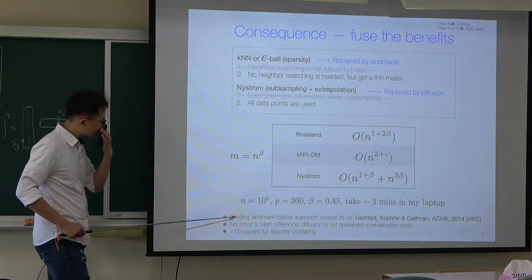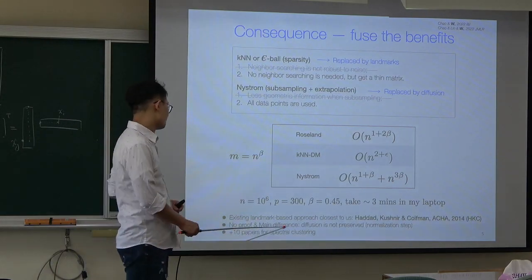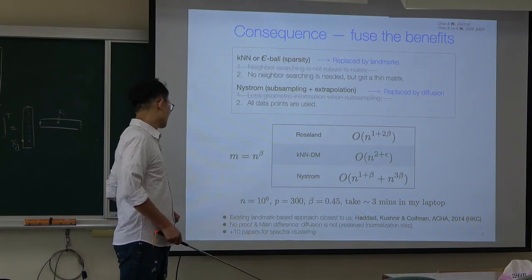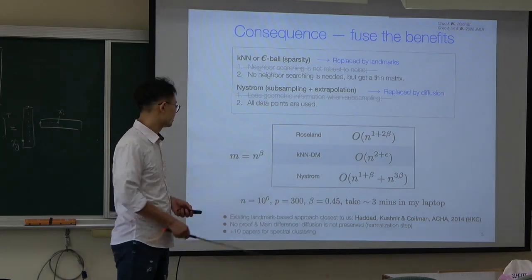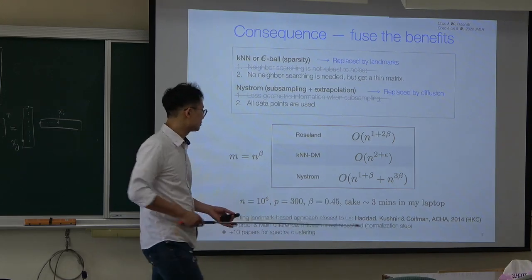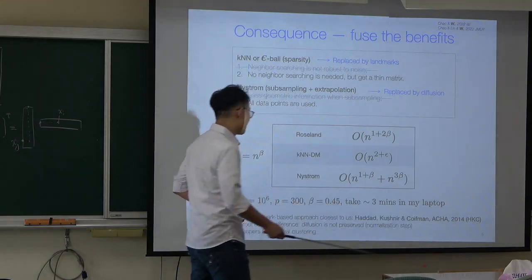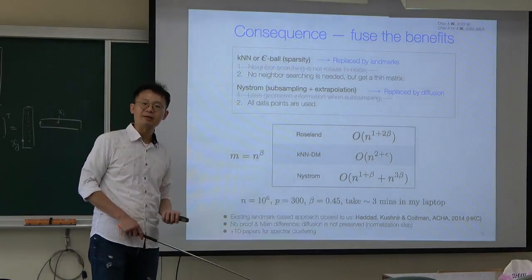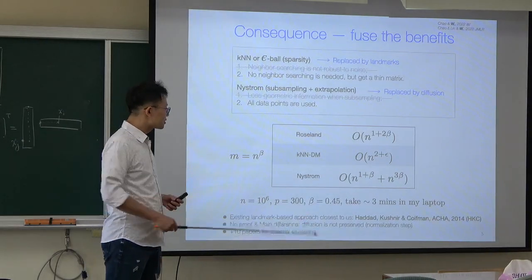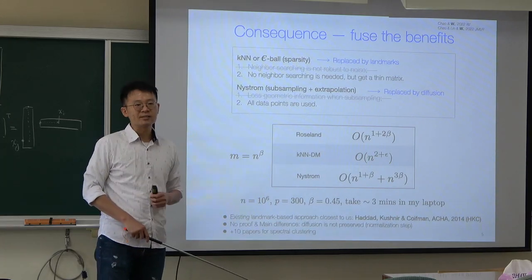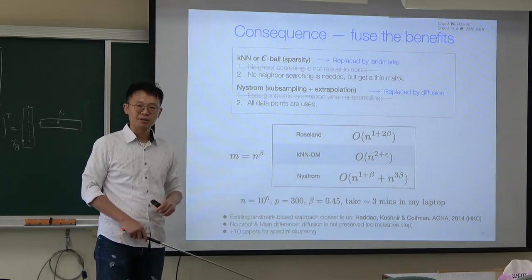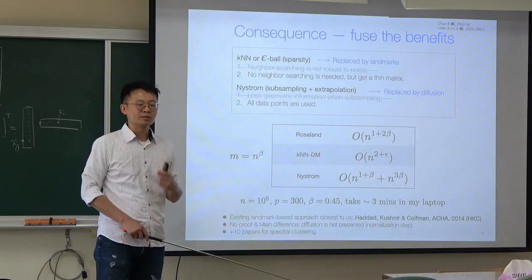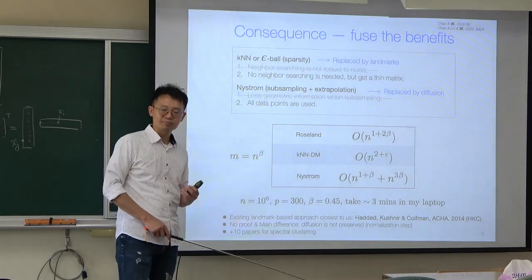And we need to mention that there exist several landmark-based approaches close to this algorithm. For example, back in 2014, there was an algorithm that also used the landmark idea, a reference set, to speed up the algorithm, but they use a very different normalization to design an algorithm so that the diffusion property is not preserved.